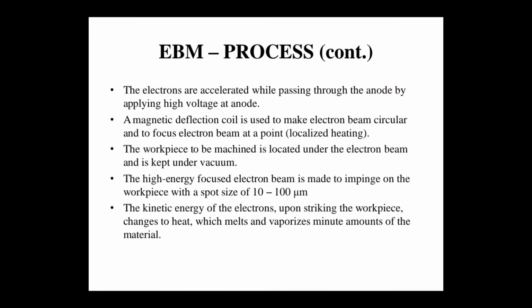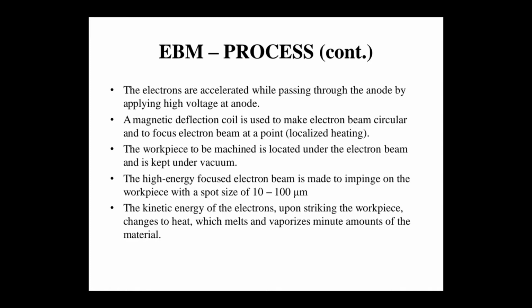The electrons are accelerated while passing through the anode by applying a high voltage at the anode. A magnetic deflection coil is used to make the electron beam circular and to focus it at a point, that is, localized heating. Then the workpiece to be machined is located under the electron beam and is kept under vacuum.